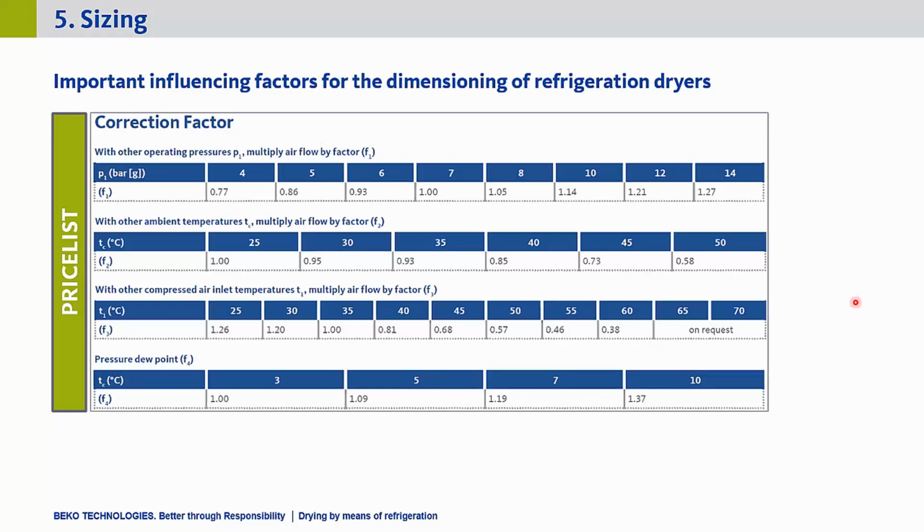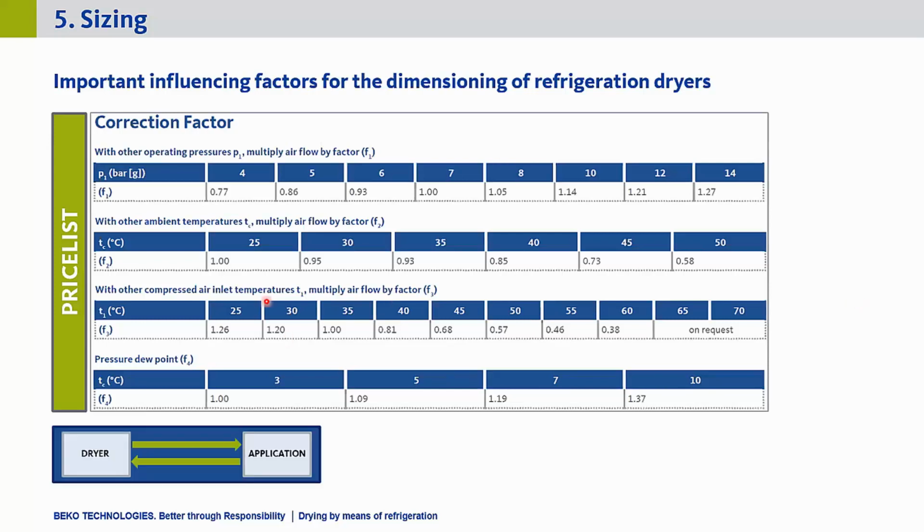So it depends on what you're looking at. If you have a dryer selected, or even if you have a dryer standing in front of you and you know the size and what it is able to treat, and then you want to know what performance this dryer would deliver under certain circumstances, then you multiply with the correction factors.